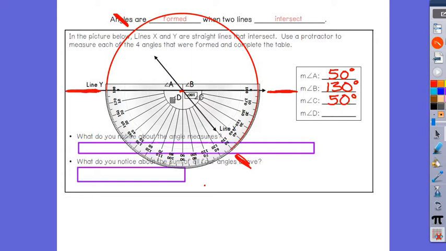So I'm using the bottom set of numbers, and it's going from 0 to 130. It's an obtuse angle, so is it going to be 50? No. What's it going to be? 130. We're using the bottom. 130 degrees.